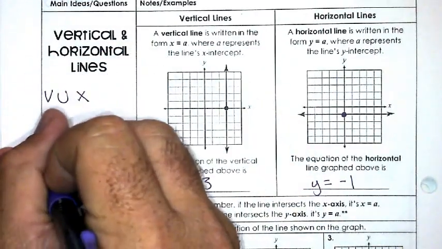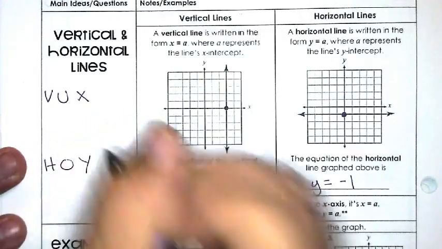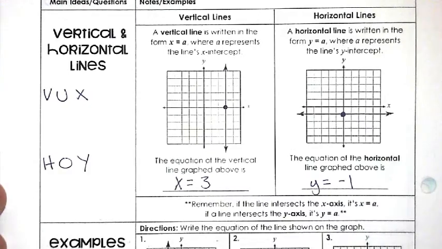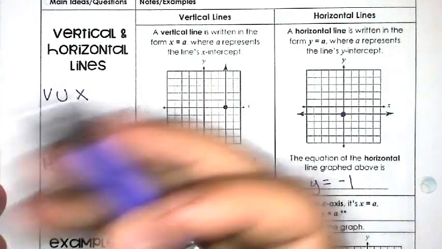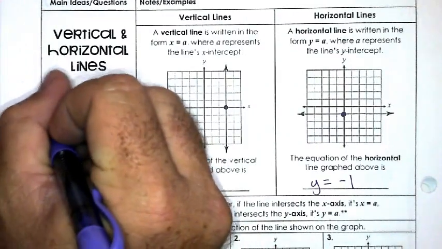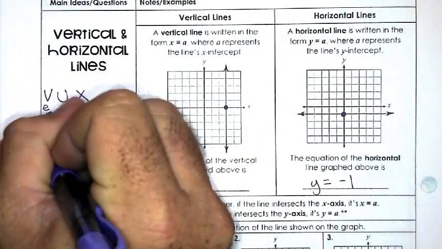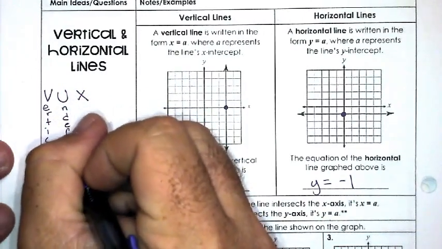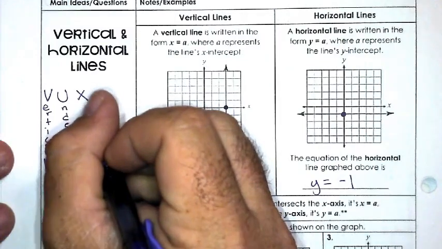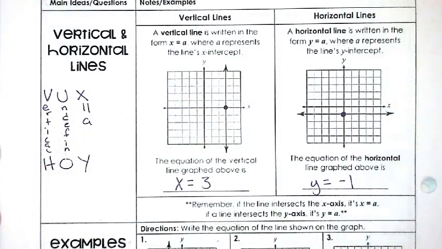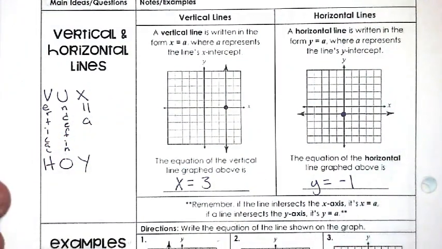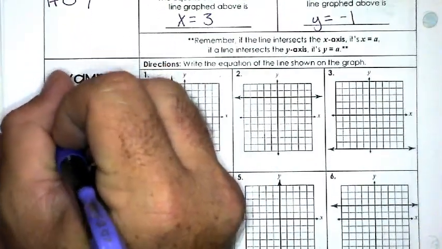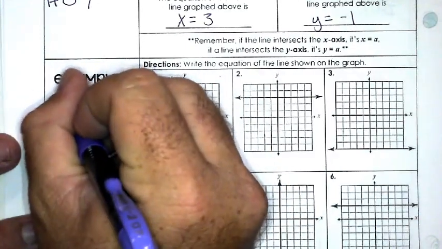Now, VUX is an acronym for vertical lines, which has an undefined slope, and the equation is written as x equals whatever the a value is. I'm going to rewrite this. Vertical line, undefined slope, and x equals whatever the x-intercept is.